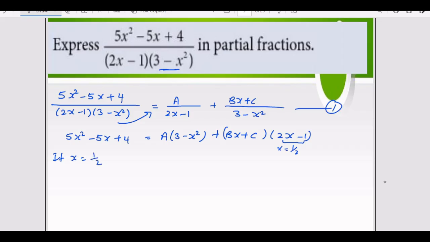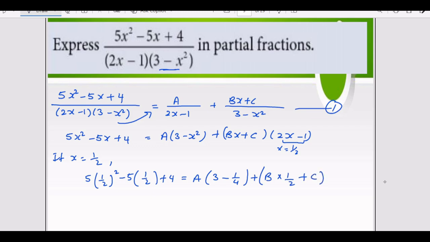With x = 1/2 on the left-hand side, 5 × (1/2)² − 5 × (1/2) + 4 is going to be a × (3 − 1/4), because of (1/2)², plus (b × 1/2 + c) times 0.